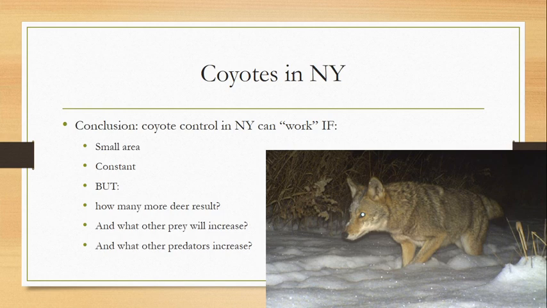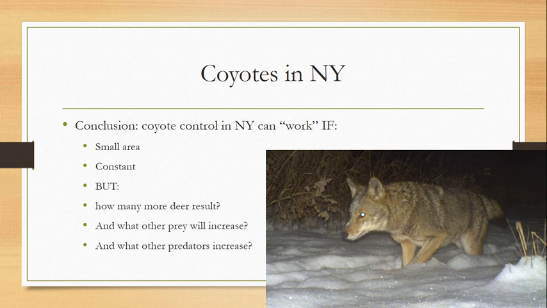Okay, so what is the main prey item of coyotes? If it's mice and you get rid of a bunch of coyotes, you're probably going to have more mice. Now, I said probably because if I get rid of coyotes, there might be other predators that increase because of that.